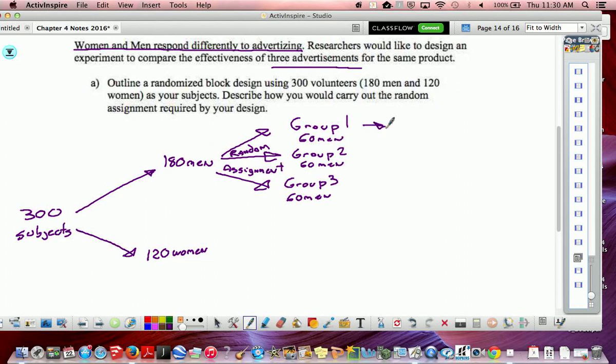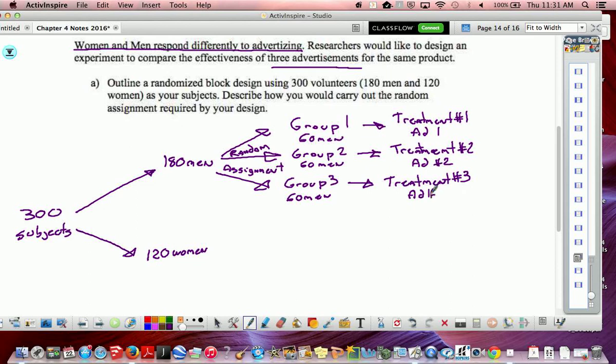Then I give each group a treatment. So treatment number 1 might be ad number 1. Treatment 2 would be ad number 2. And treatment number 3 is ad number 3.